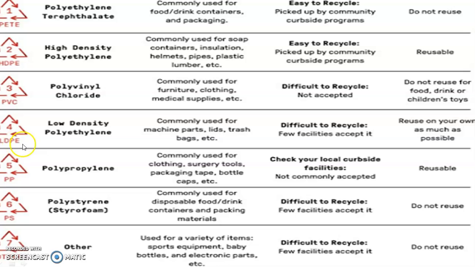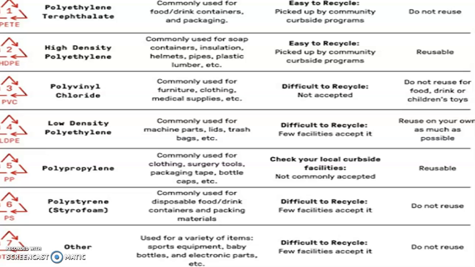Next, if the triangle has 4, at the bottom LDPE is written. What is LDPE? Low density polyethylene, commonly used for machine parts, lids, trash bags, etc. Difficult to recycle, few facilities accept it, so reuse on your own as much as possible.